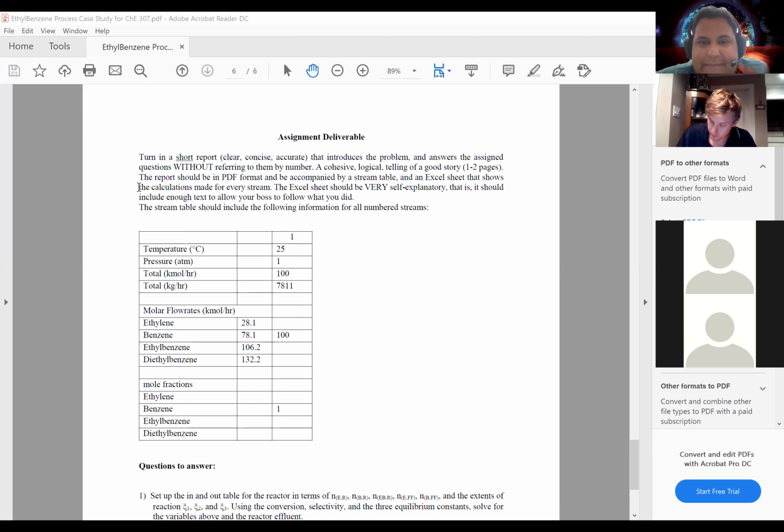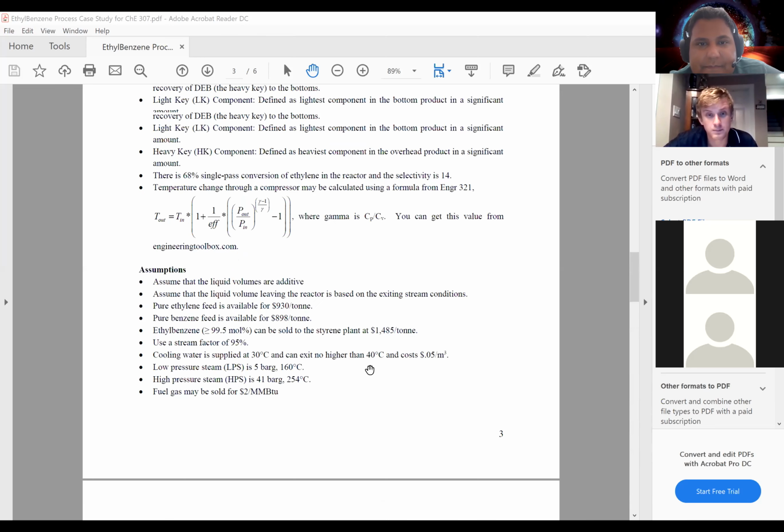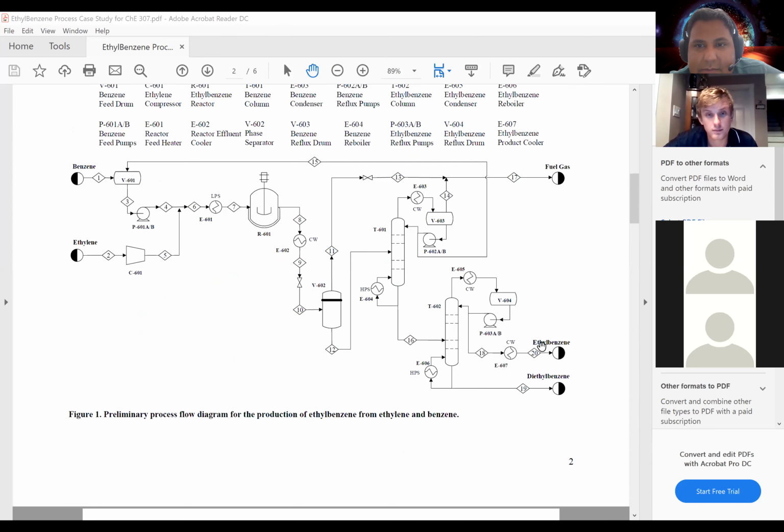At the same time, you'll need to come up with an Excel stream table, which identifies the material balances for the process. So you'll have to do this for all streams, stream 1 through, I don't know how many there are, 20.